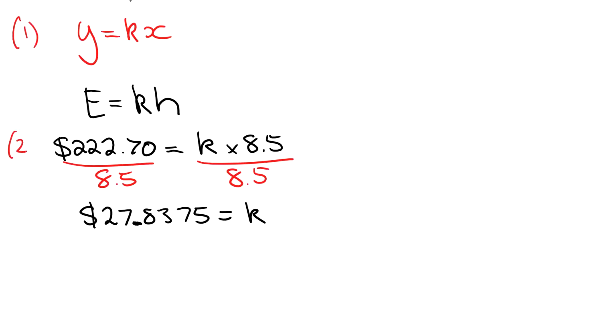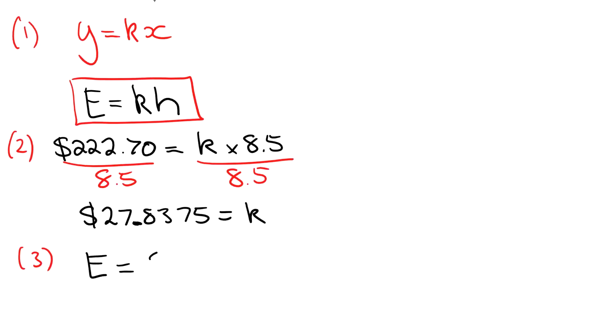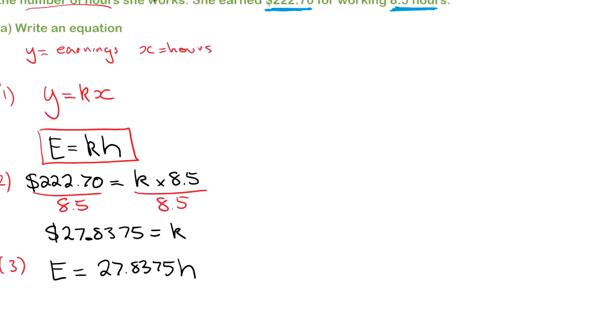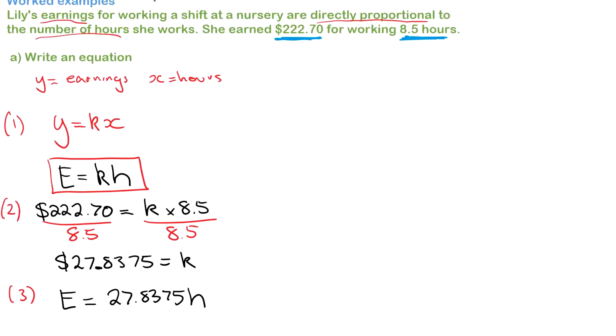Here's my step 1 that we did. Here's my step 2. Our step 3 involves substituting it back into the original. My original is this here, E equals kH. So E equals 27.8375H. That's now my equation, the equation that we'll be using going forward.